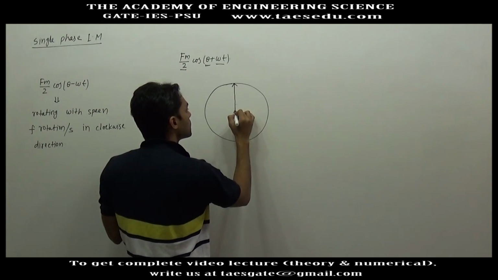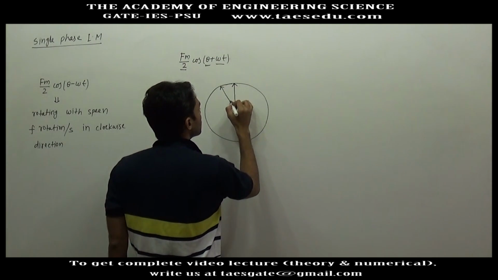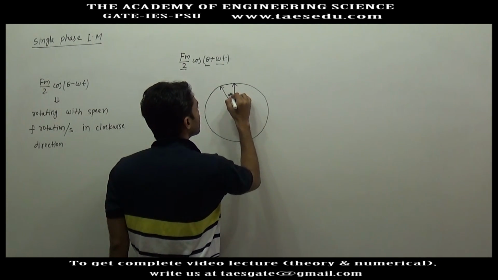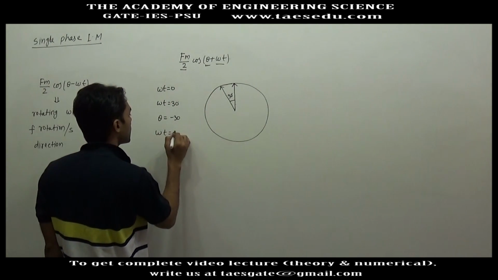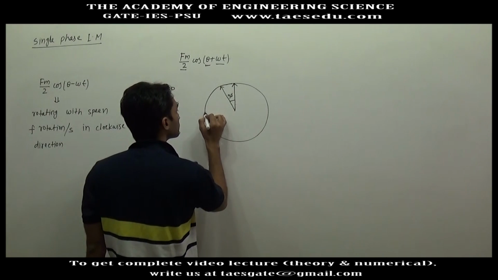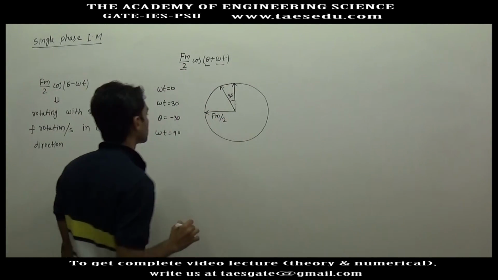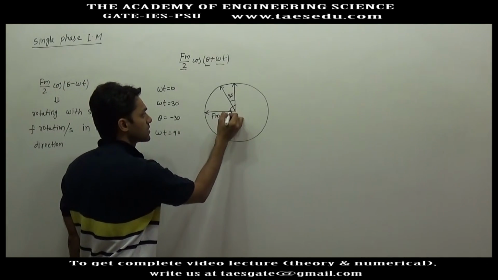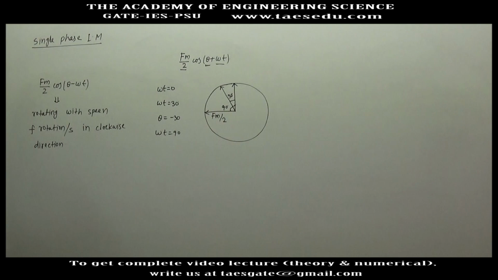So Fm by 2 will be in 30 degree anti-clockwise. Similarly, for omega t equal to 90 degree, we will have Fm by 2 in anti-clockwise 90 degree direction.